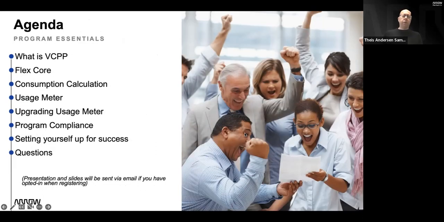All right. So the agenda for today and for the next small hour, we are going to go through what VCPP is, what is Flex Core, which is an essential part of VCPP, how is the consumption and usage being calculated. We are going to go through usage meter, also an essential component of the Cloud Provider program, how to upgrade usage meter if you have it already installed, how to stay up to date on that one.